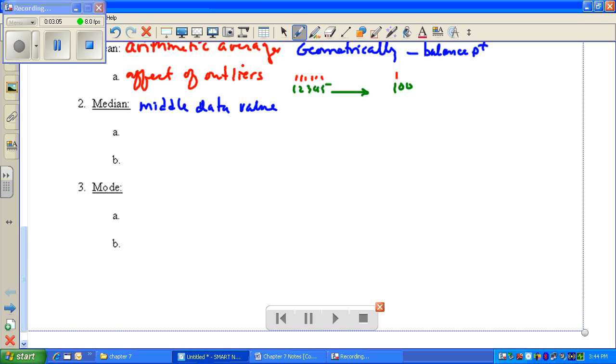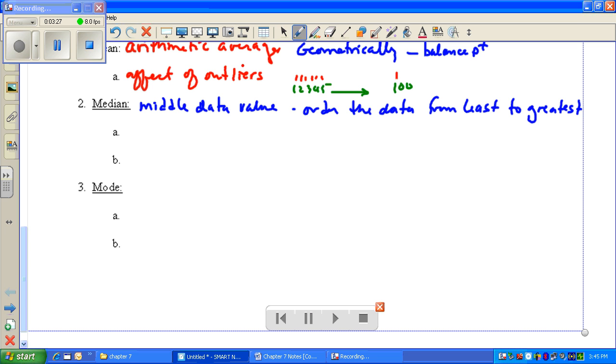It's the exact middle, but what has to be true to find the middle is you have to order the data from least to greatest. Data must be ordered in order for you to find the median.